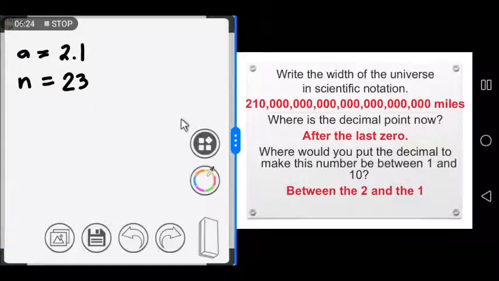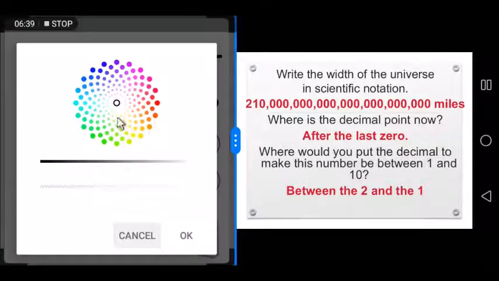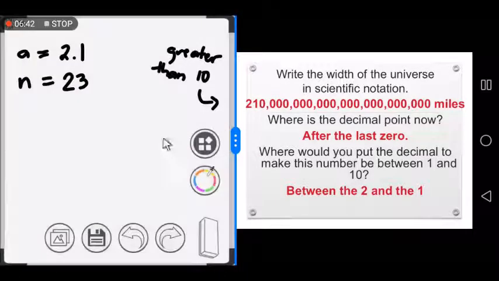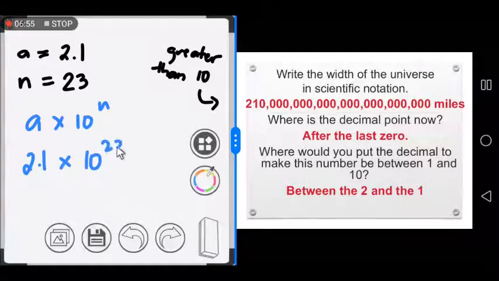So, again, our original number is greater than 10. Pag sinabing greater than 10, mas malaki sa 10. Okay? So, if we are to write this in scientific notation, blue ulit ang gagamitin ko for final answer. So, ang format natin for scientific notation is A times 10 raised to the nth power. Therefore, our final answer is 2.1 times 10 to the 23rd power.